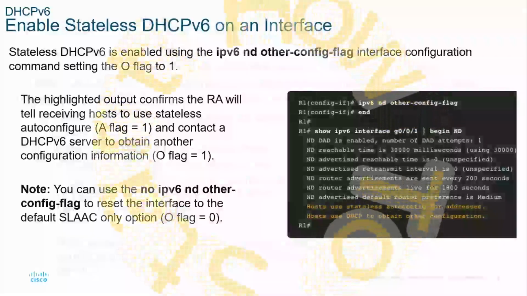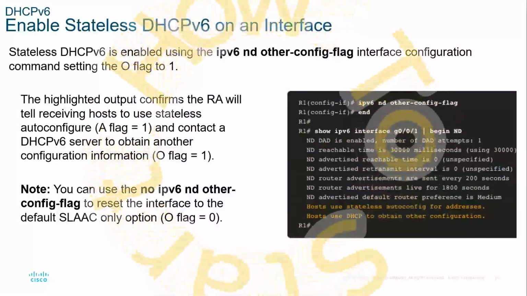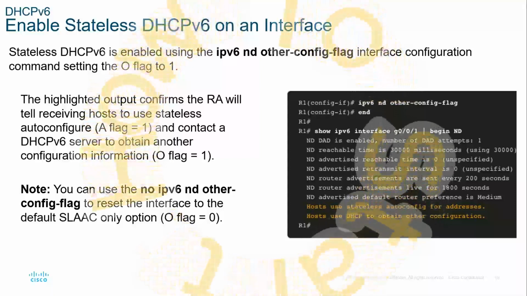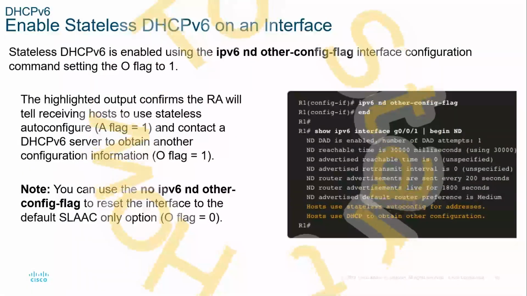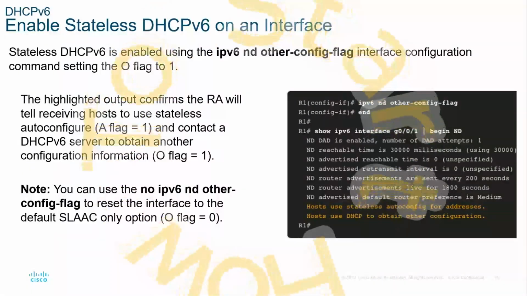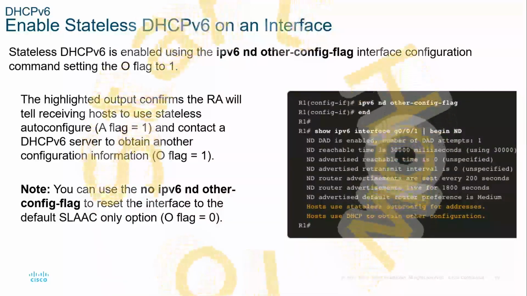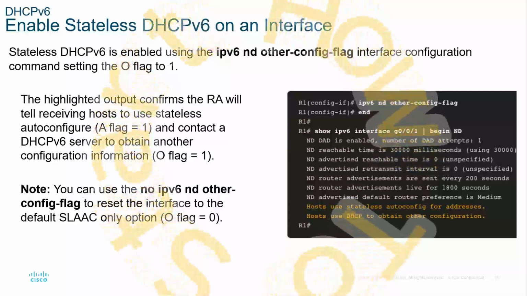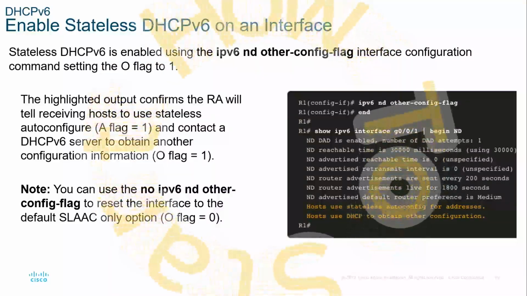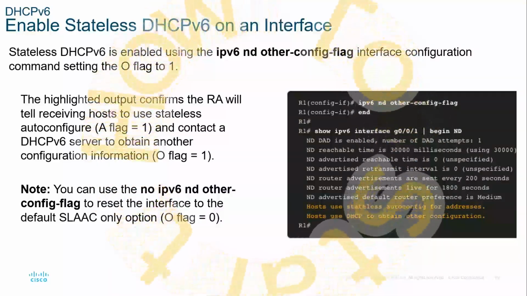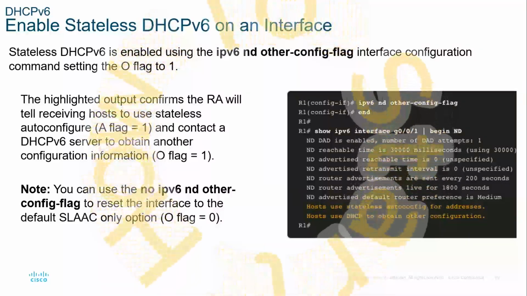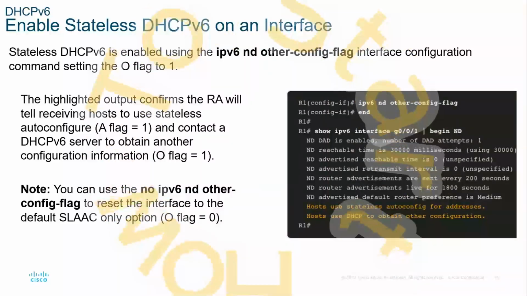So how do we enable a stateless DHCP server on an interface? Basically we say ipv6 nd other-config-flag, and this will set the O flag to 1. The highlighted area of the output will show the router advertisement message, and you can see that the autoconfiguration is enabled.